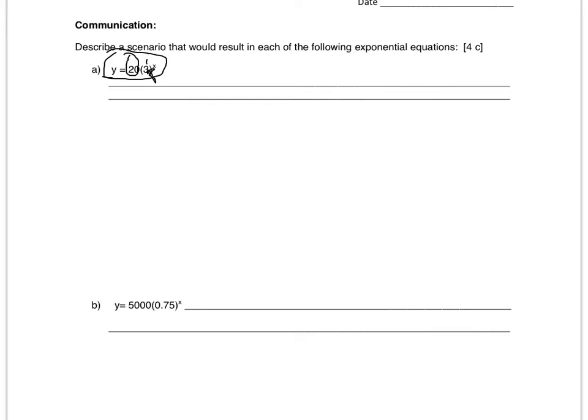The next one is this equation. The initial value is 5,000, and this time we are decreasing. So we can say that the initial value of a second-hand car is $5,000, and the value of the car decreases by 25% every year.